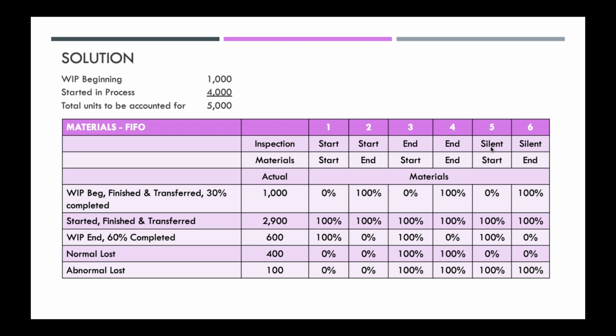Umpisa pa lang nawala na yung units na yun. Hindi katulad ng abnormal loss. If the problem is silent, the assumption is inspection point is at the end. So if it is at the end, dadaan sa proseso, makakarating hanggang dulo, nalagyan siya ng materials, kaya 100%.